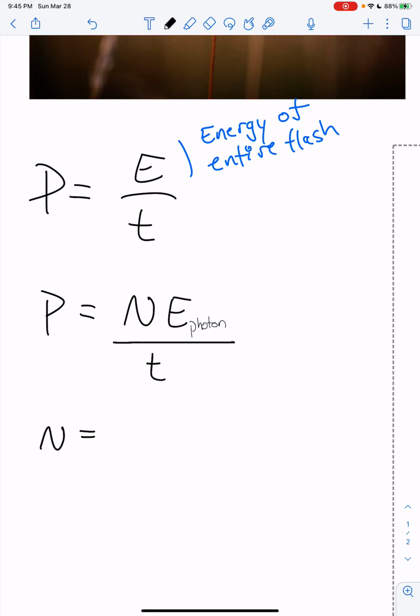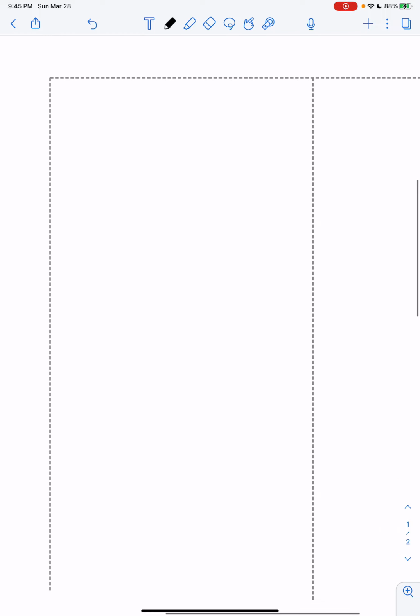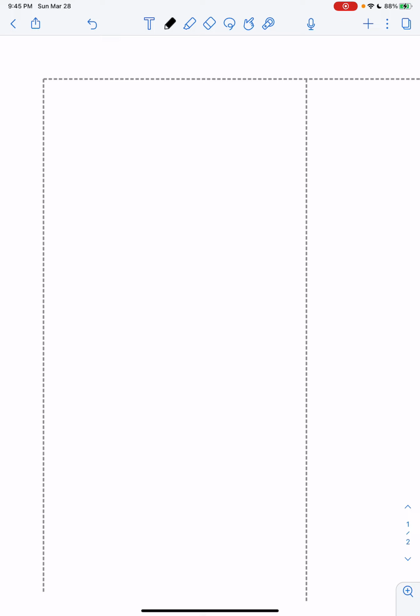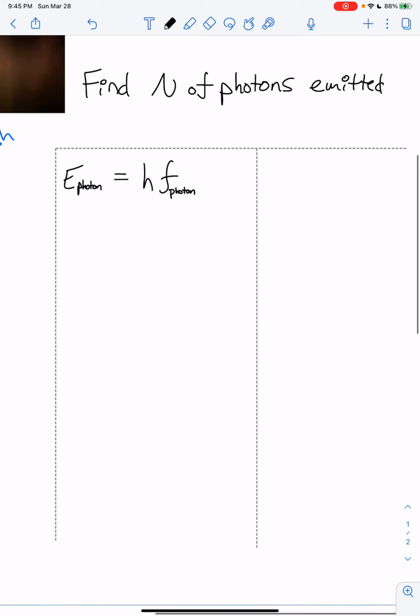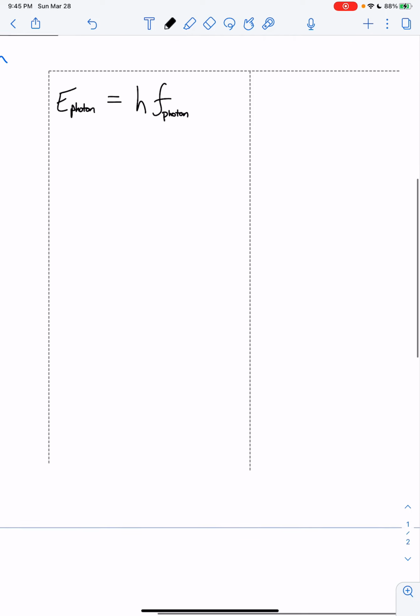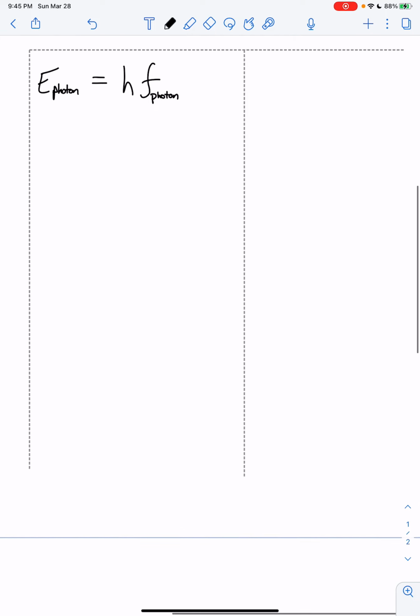I'm going to leave it there for now. Let's come over here to the side and look at what is the energy per photon. That's going to be hf of the photon. Okay. But how do we relate the frequency to the wavelength, which is what we have?